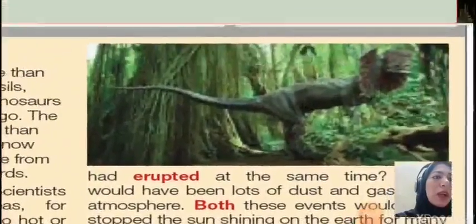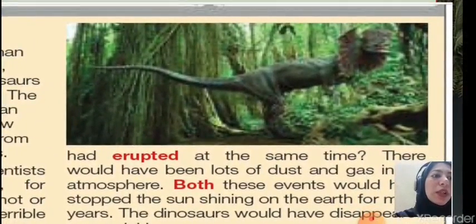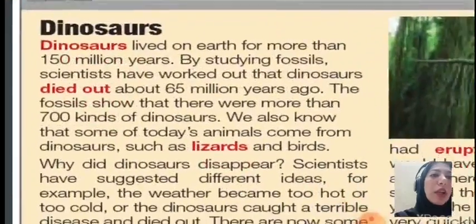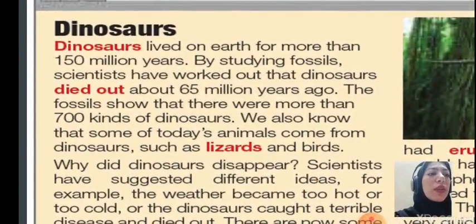Before reading, I want you to look at this picture. What do you think this picture is? I think it's a lizard. Let's read our reading passage entitled Dinosaurs. So we understand from this title that we're going to read about dinosaurs.